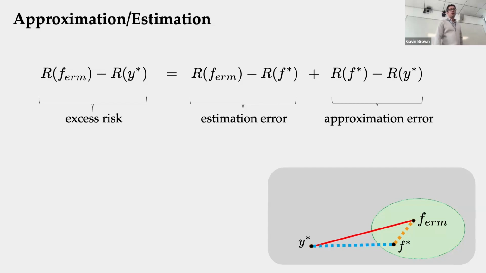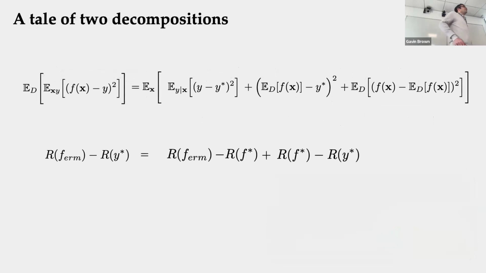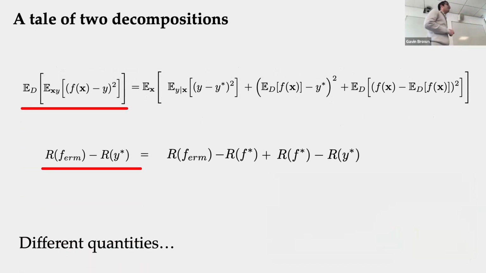Okay. So we've got these two decompositions, these two ways of expressing the performance of a model. They both have this trade-off and this relationship to overfitting, and they've both been quite fundamental in machine learning for the last 50 years, but they're written in very different ways. They're actually about different quantities.